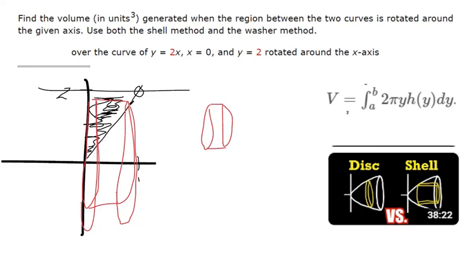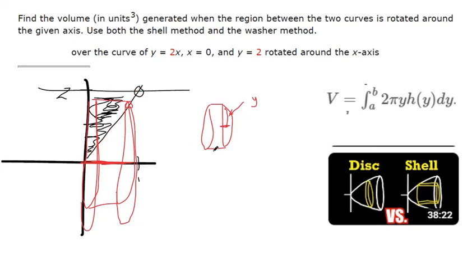So the radius is the y distance, the distance we are on the y-axis. So the radius of each of these shells is y. And then the height of each of these depends on how far along we are on the x-axis. So once we get to this point on our curve, we're this distance on the x-axis.